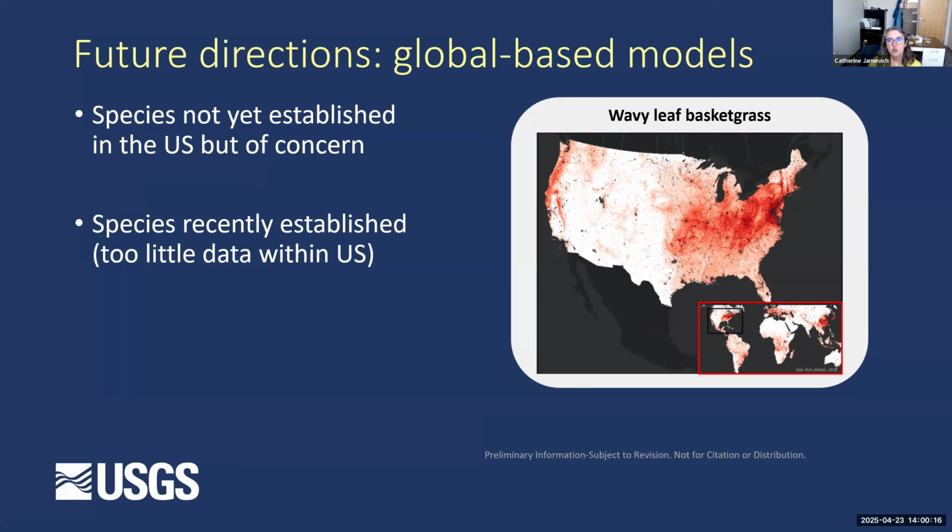For these newly established species, often there's not enough location data yet within the US to fit a model. So we've developed a suite of global predictors at 1 kilometer, and we have models for about 50 species now that we're going through the review process with USGS, and we'll have those out soon. Those will be available within the web tool as well.